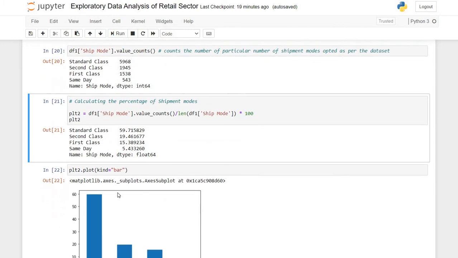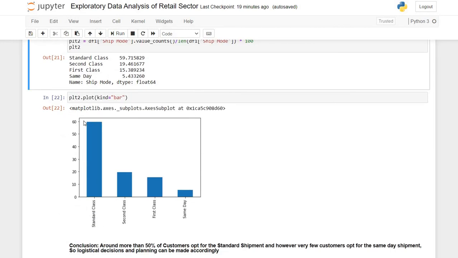Then we'll be plotting that shipment, and we'll obtain the graphical visualization, that more than 50% of the customers opt for the standard shipment, and very few customers opt for the same day shipment. So the owner should make their logistical decisions and planning accordingly.